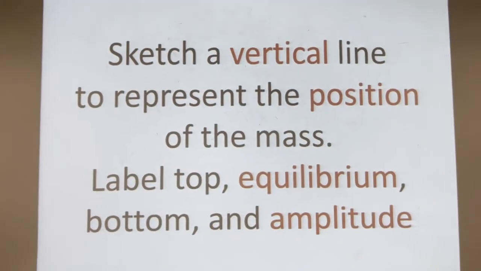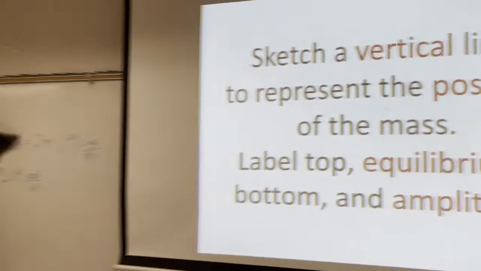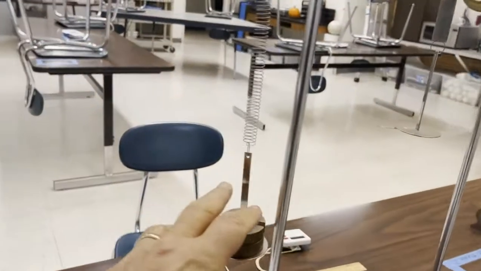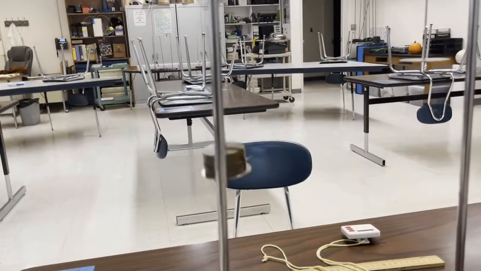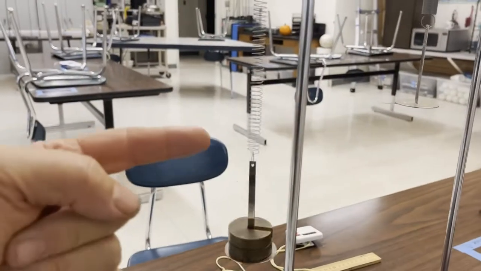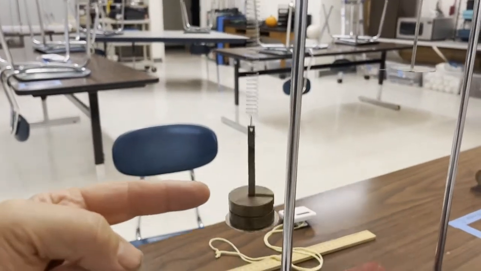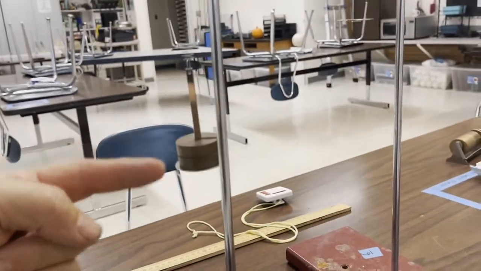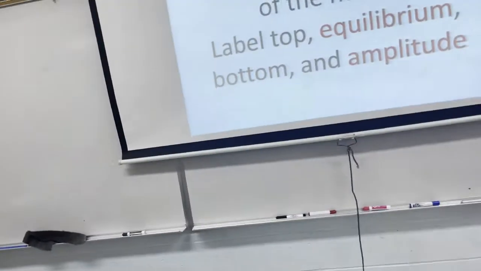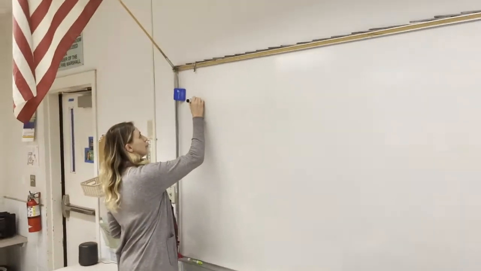So we're gonna sketch a vertical line that's gonna represent the position of the mass as it goes from the bottom to the top. And remember, from the bottom to the top, we got equilibrium there in the middle.